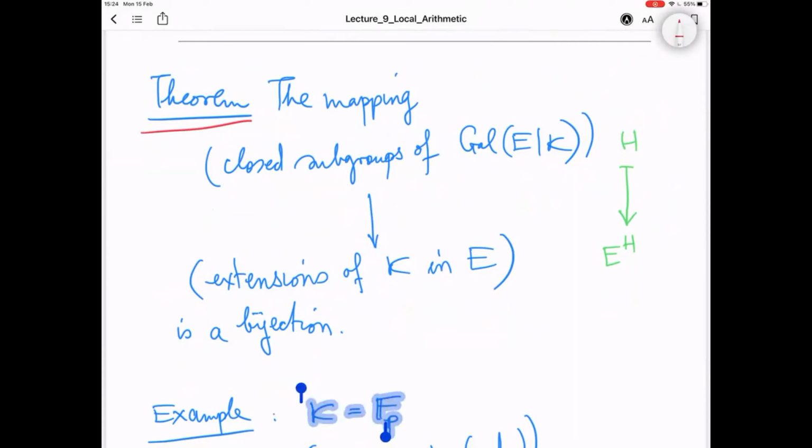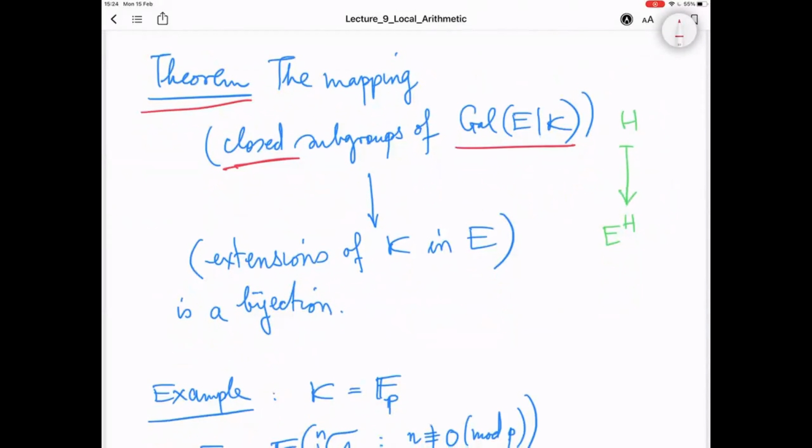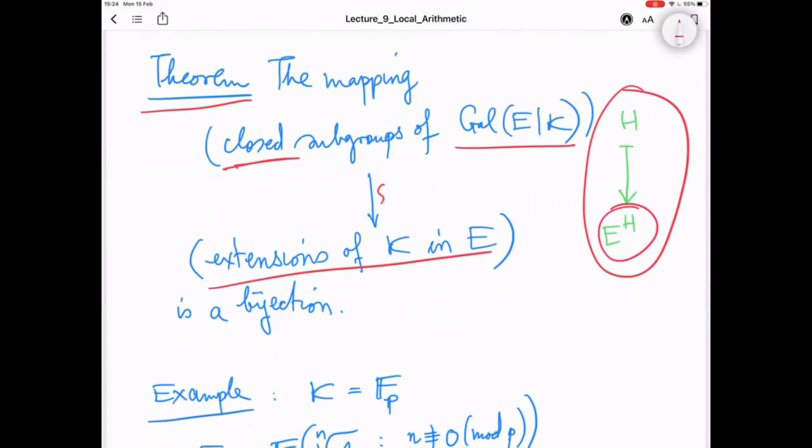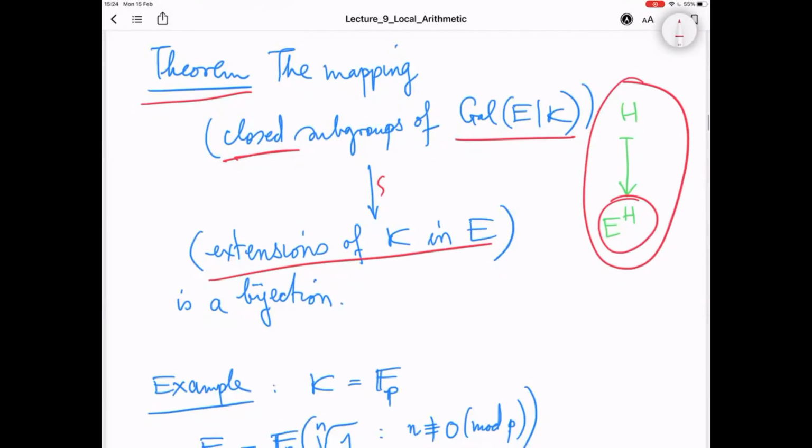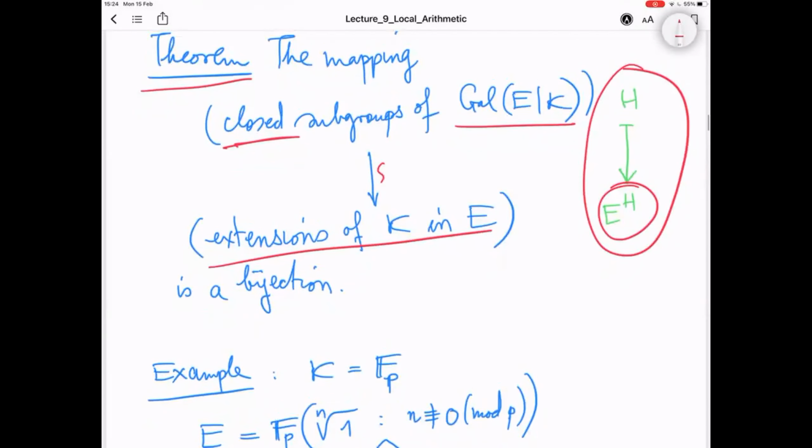It says that closed subgroups of this Galois group correspond bijectively to extensions of K in E. And it's the same map: a closed subgroup H is taken to the fixed field under H. So this is a bijection. That's what the Galois correspondence says.